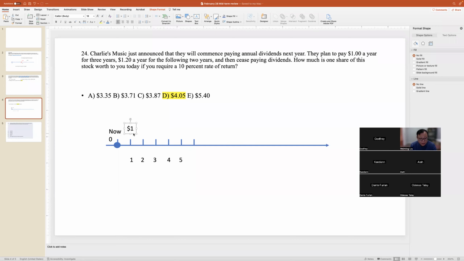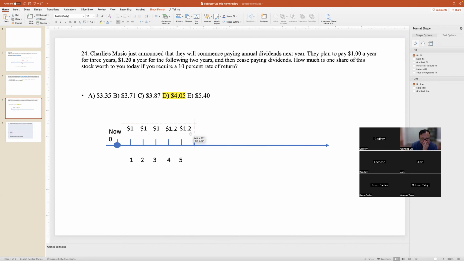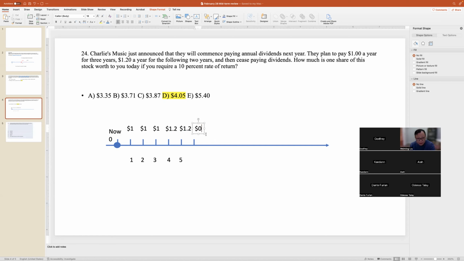Okay, so year 1 for how many years? 3 years. And then after that, they are going to do 2 years. But this time, the dividend is a little bit higher, right? It's 1.2. And after that is 0 forever.